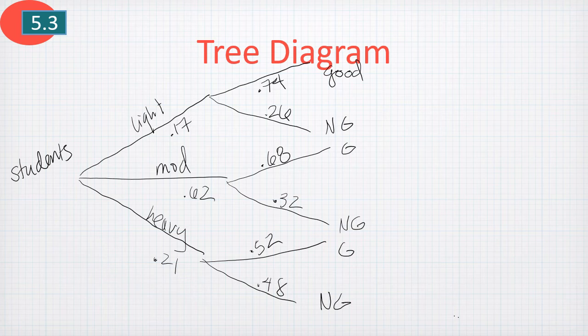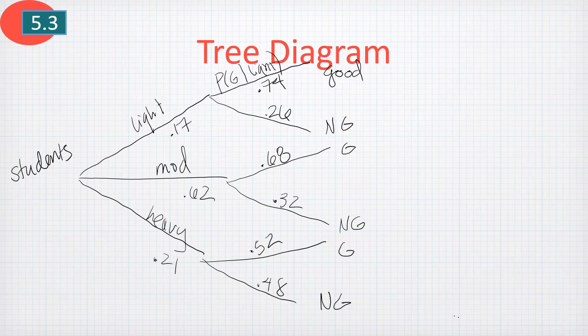So what I have here is the probability of good given light, light users, right? But I just want to know what's the probability that someone has good grades. So I need to know all the ones that are good.